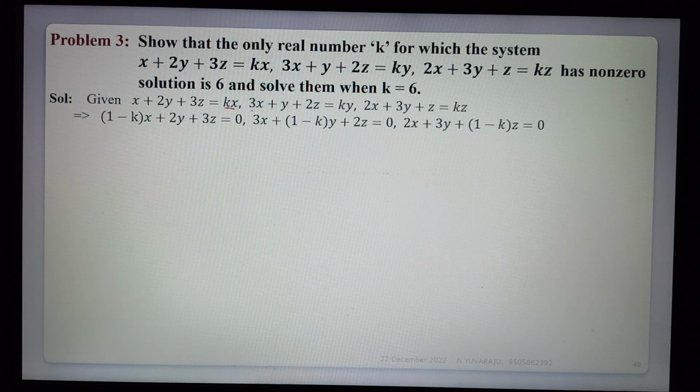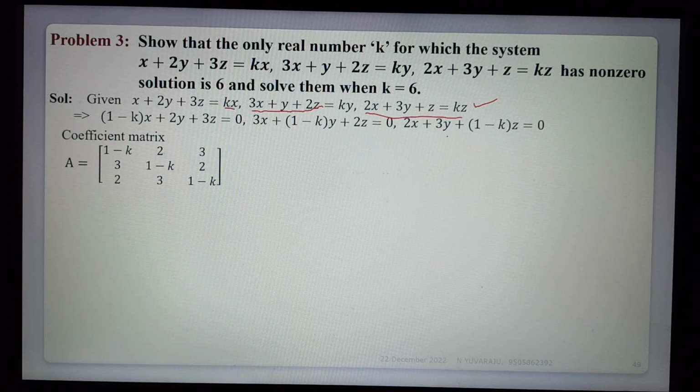Next, the second equation 3x plus y plus 2z is equal to ky, and the ky coefficient taken outside, y common: 3x plus 1 minus k into y plus 2z is equal to 0. Next, the third equation is 2x plus 3y plus z is equal to kz, on the right side kz taken outside, z common: 2x plus 3y plus 1 minus k into z is equal to 0. So the coefficient matrix A is 1 minus k 2 3, 3 1 minus k 2, 2 3 1 minus k.